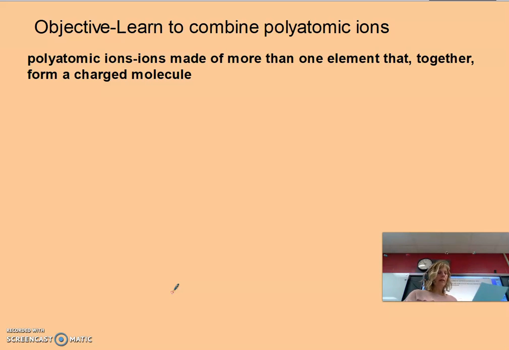So let's just say that we have something like lithium, which is a +1, combining with, I'm going to pick one that is commonly used a lot, hydroxide. The hydroxide ion is OH with a negative.